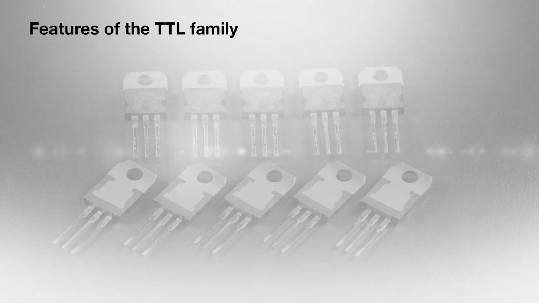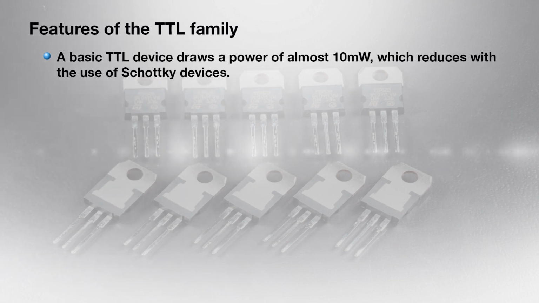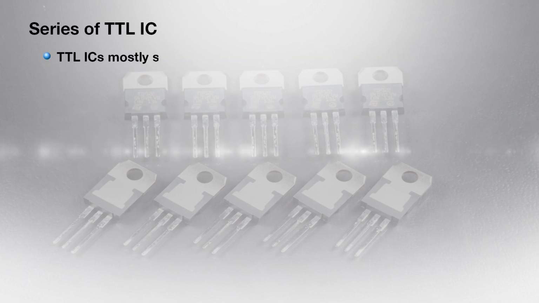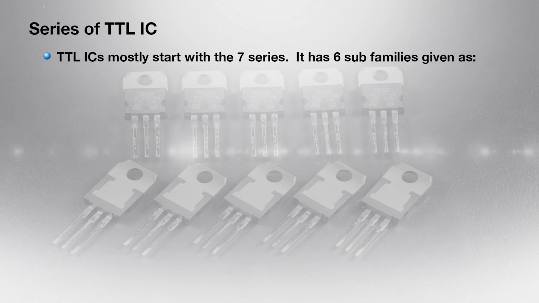The features of the TTL family include the following: a basic TTL device draws a power of almost 10 milliwatt, which reduces with the use of Schottky devices. The average propagation delay is about 9 nanosecond. The noise margin is above 0.4 volt. Series of TTL ICs. TTL ICs mostly start with the 7 series.